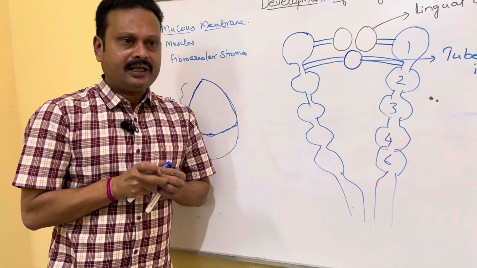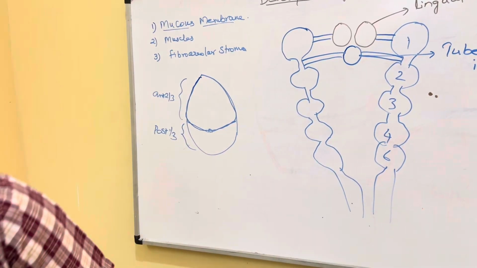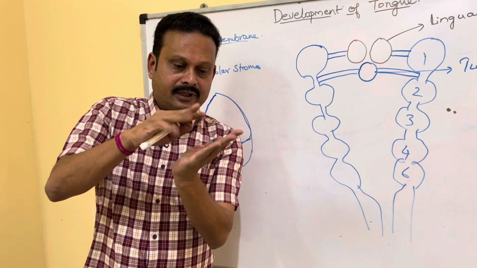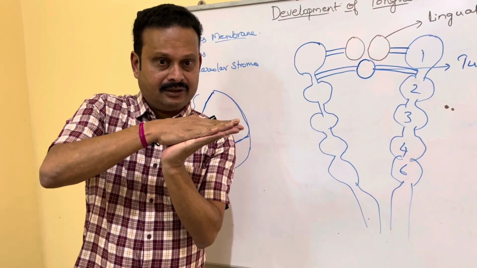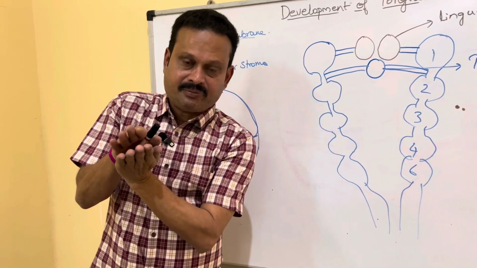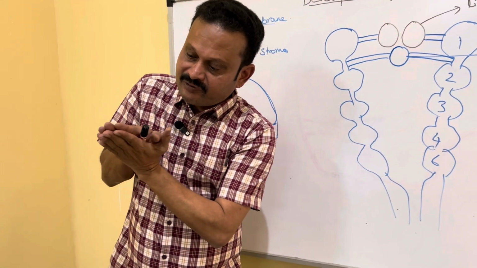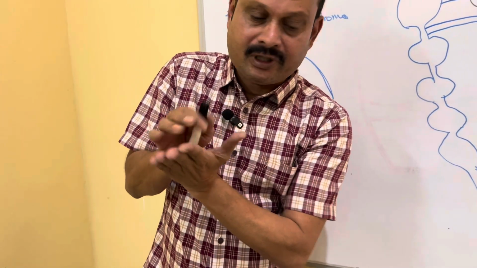At this time, the tongue is fixed to the oral cavity. So it has to get separated. There exists a sulcus which separates the tongue from the floor of the oral cavity.